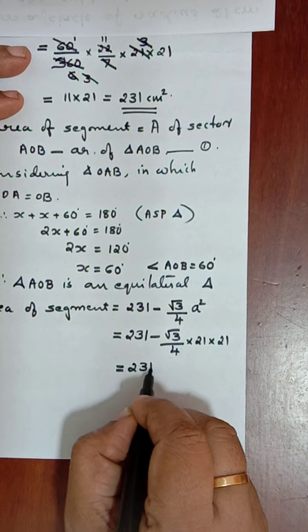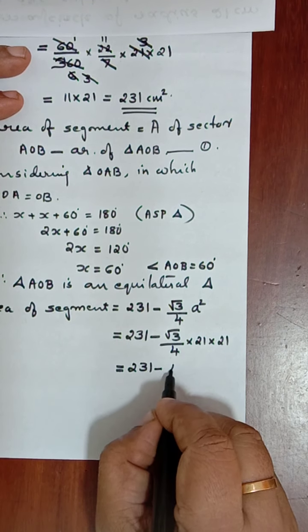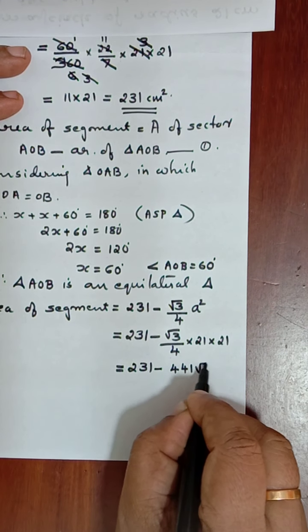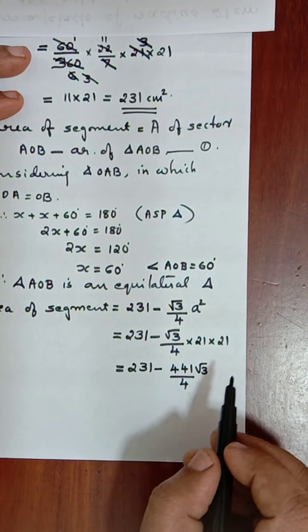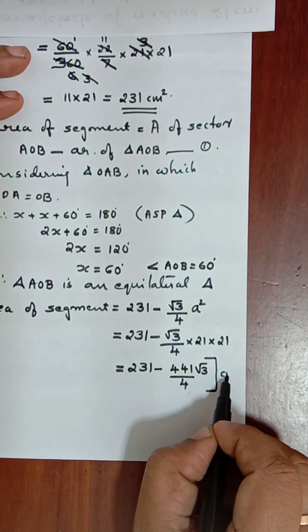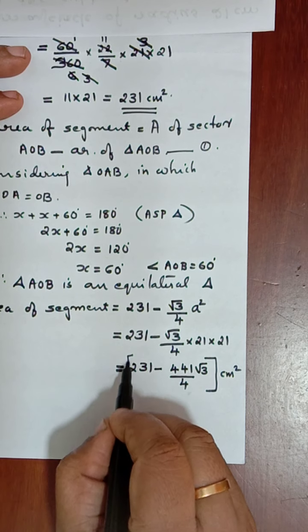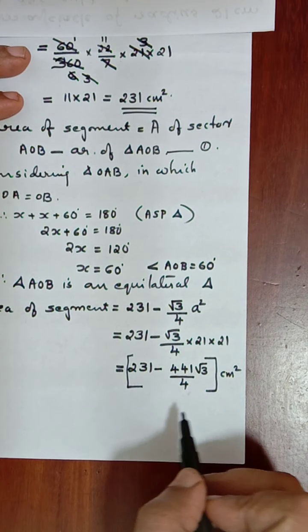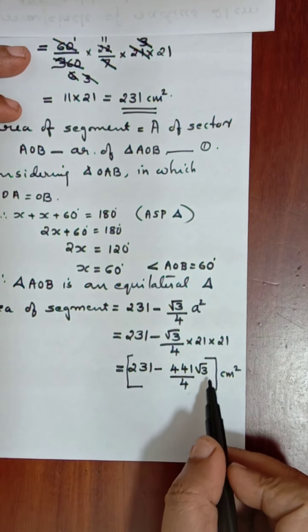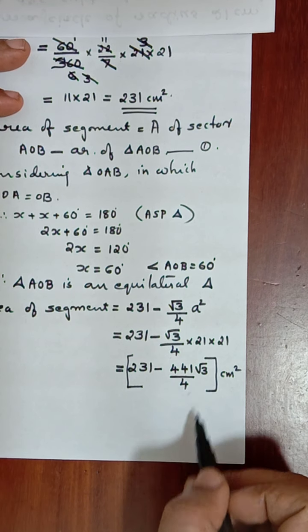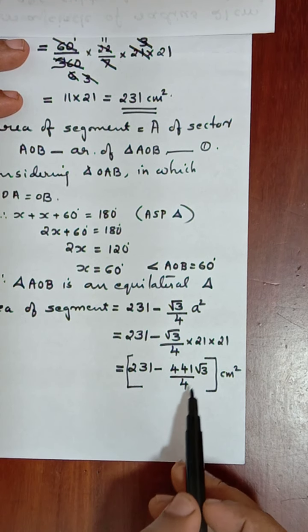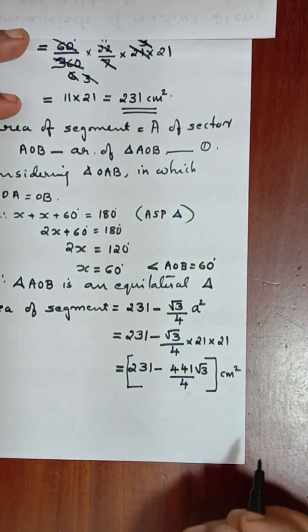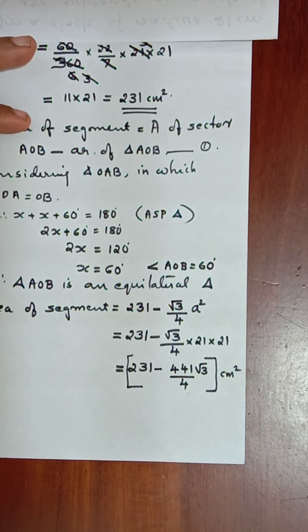So 231 minus 441 root 3 by 4 centimeter square is the area of segment. We don't want to continue, as the value of root 3 is not given to us, so you can leave the answer as it is: 231 minus 441 root 3 by 4 cm square. That is the area of the segment.